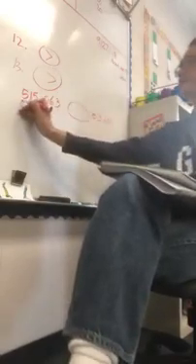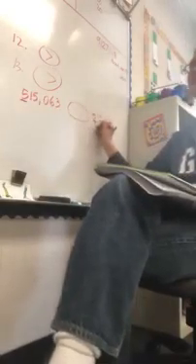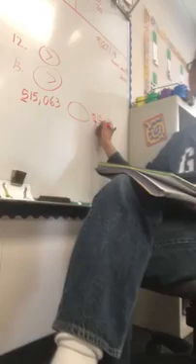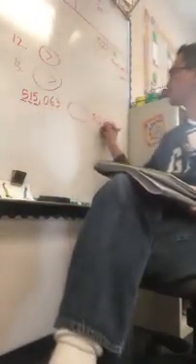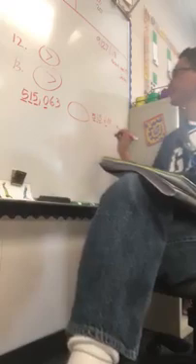Now, because you guys don't have the same answer, we need to go over it. So when you compare the numbers, the first digit is the same, what do we do? Keep going. This number the same, what do we do? Keep going. This number is different.